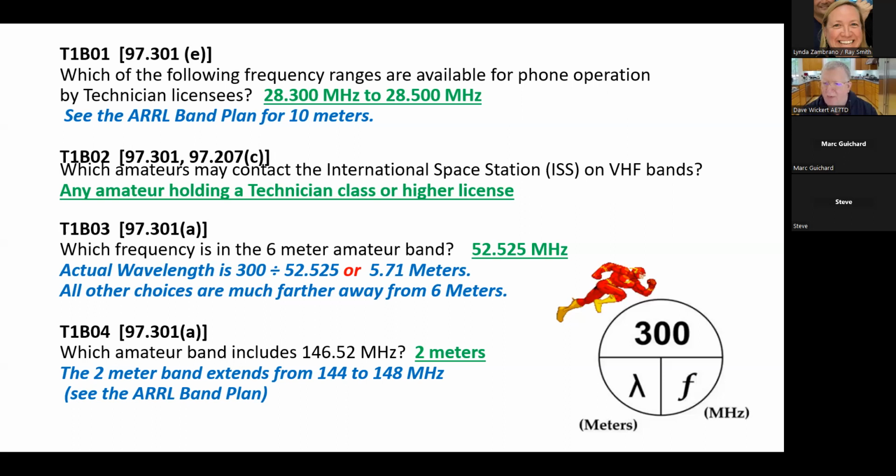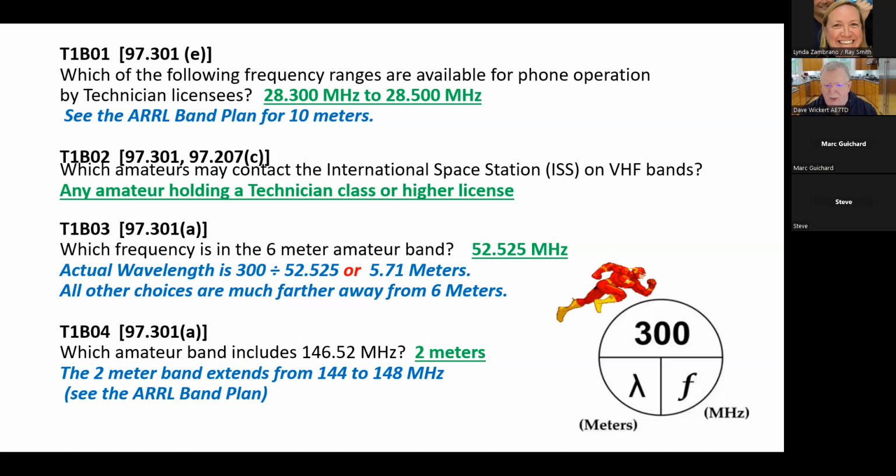So you have two options when you are studying for the exam. One is you can remember all the band edges for each question. If you're a very detailed person and you want to memorize the edges of the bands, you'll be able to answer these questions.